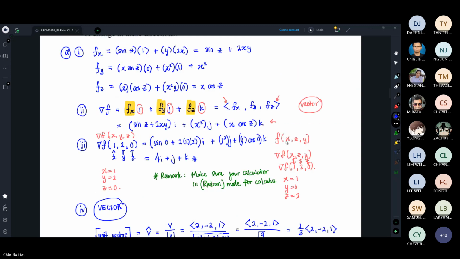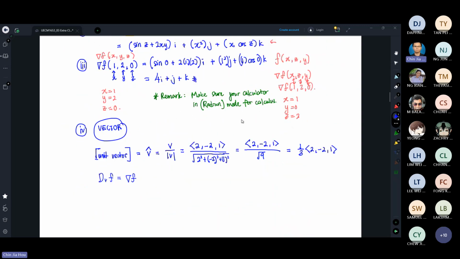So we are taking the gradient vector at 1, 2, 0, and then dot product with the unit vector. This is the formula that you definitely need to remember if the question asks for directional derivatives.